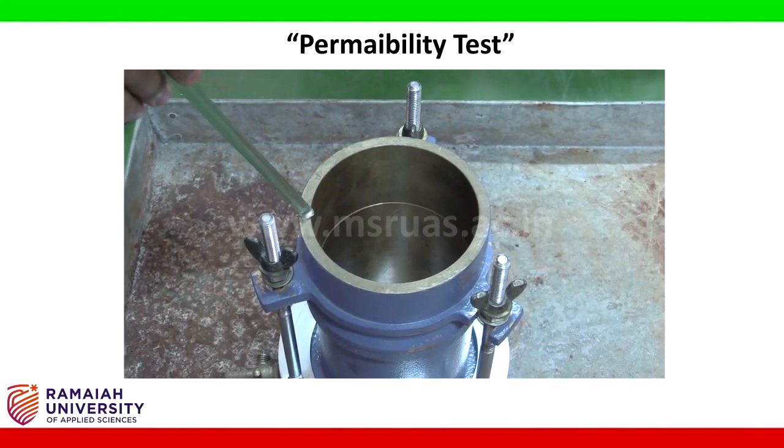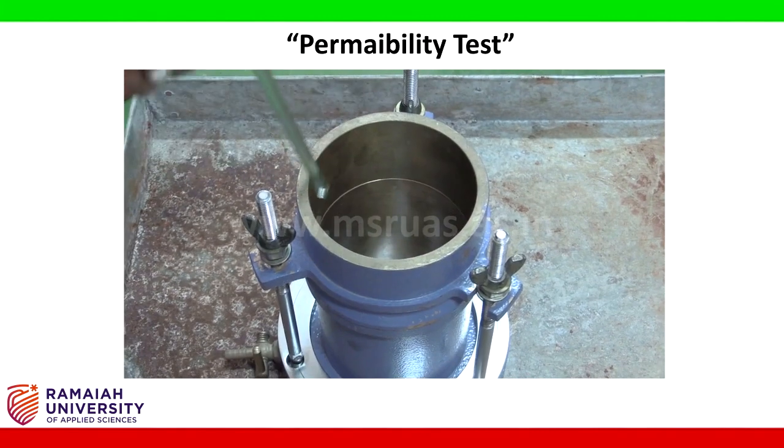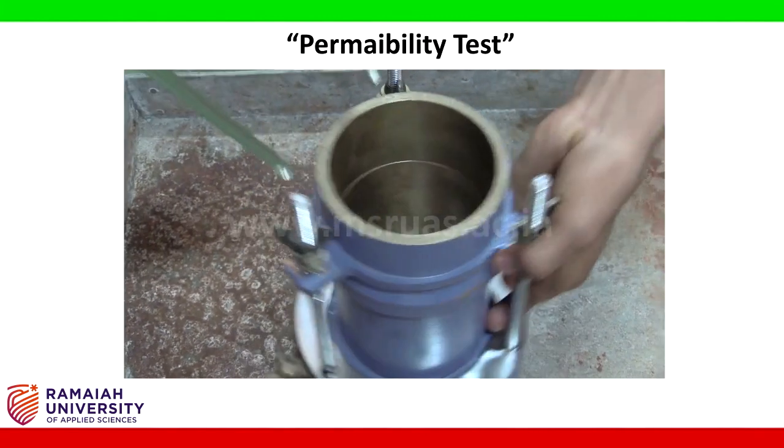Before we start with the compaction process, we need to ensure that the inner surface of the mold is smeared with oil properly by making use of the waste cloth.